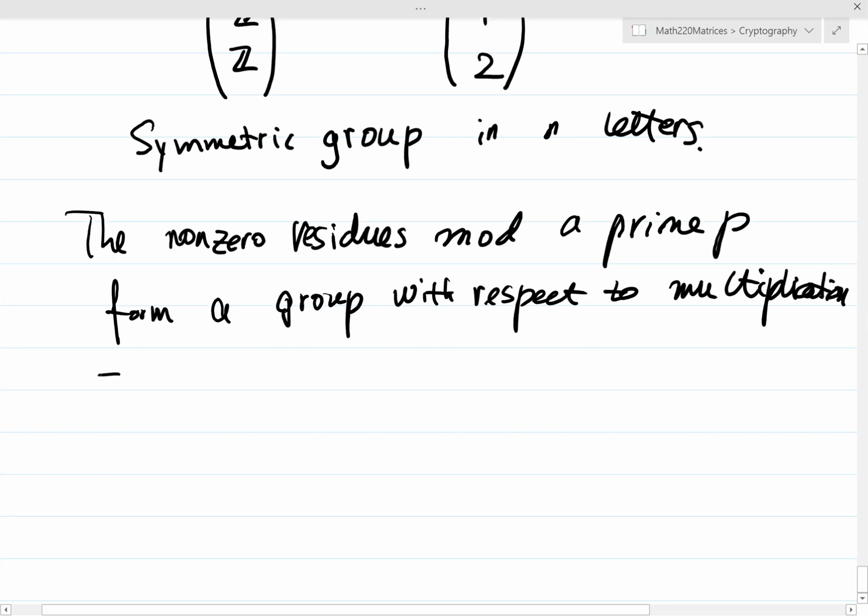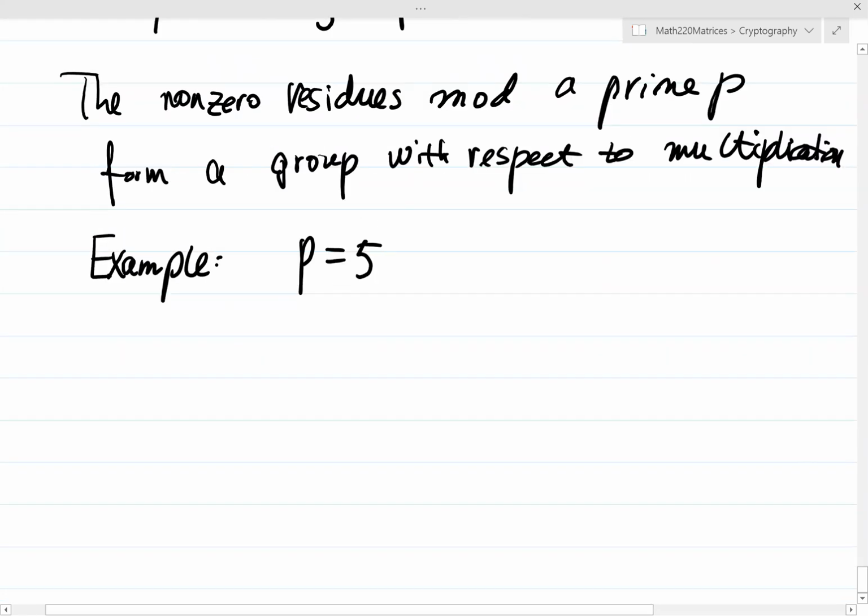Example: P equals 5. So we have this group: 1 bar, 2 bar, 3 bar, 4 bar.